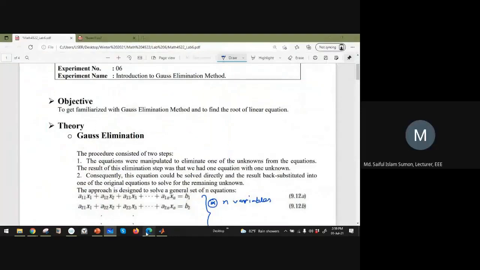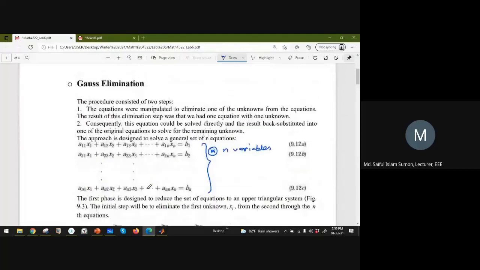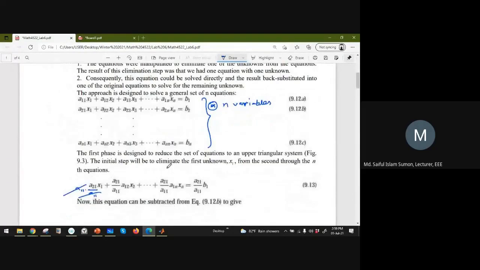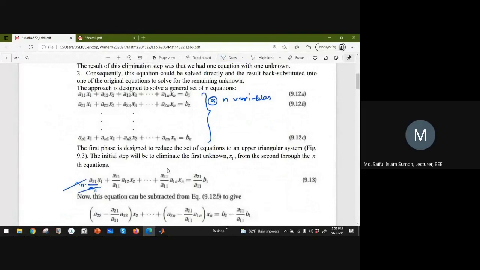Now, let's see. Writings doesn't matter, so directly let me show you. So you can see n variables are there. For n variables, how many equations are needed?